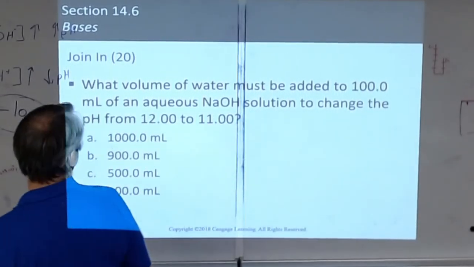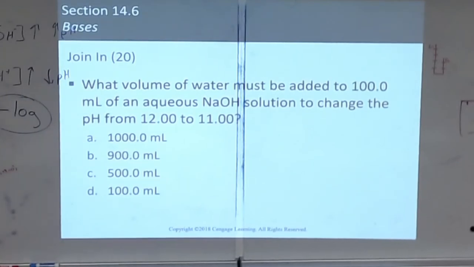What volume of water must be added to 100 milliliters of an aqueous solution? Don't yell it out loud. I know a lot of y'all know it immediately. Go ahead and solve this. Think about what the scale that we just talked about is.